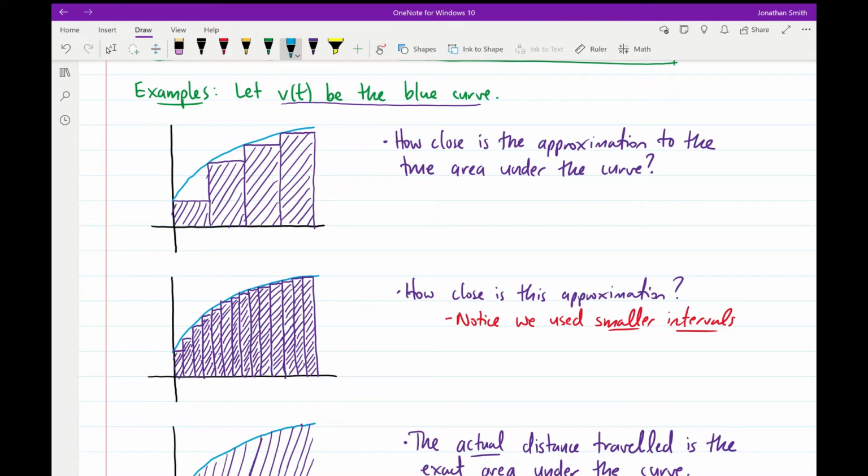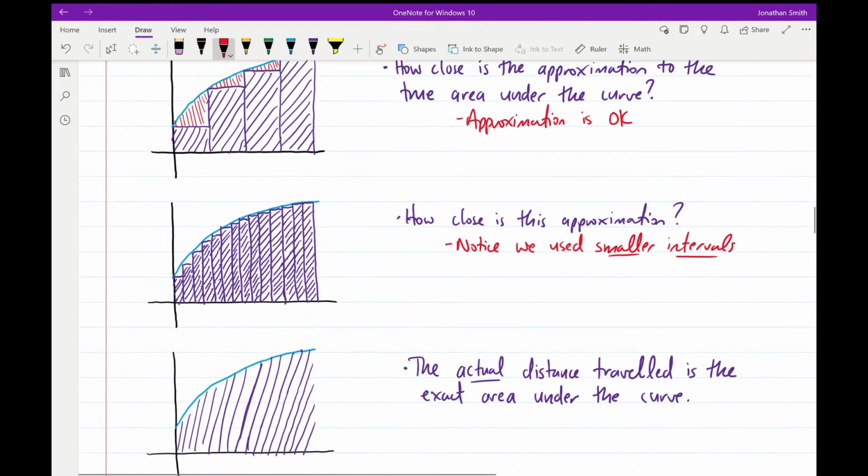And in the first example, when we're only using 4 different rectangles, notice that I have a bunch of area underneath the velocity curve that isn't being accounted for by any of my purple rectangles that give me my approximation. So in this case, maybe we would say the approximation is just okay. It's not bad, it's still relatively close, but we're missing out on a bunch of the area underneath this blue curve.